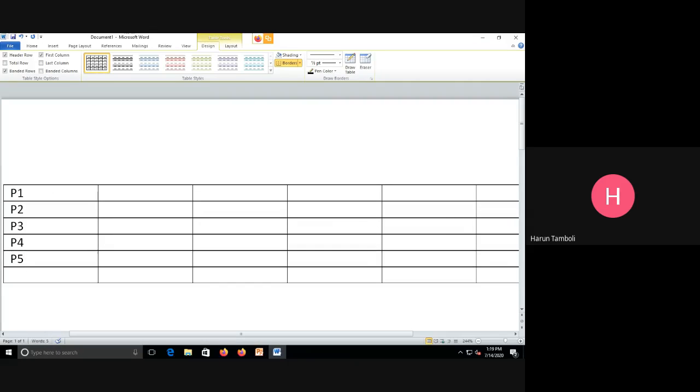Is the screen visible? Any problem with the screen? Okay, I think arrival time I have given 0, 2, 4, 6 and 7 and burst time 7, 5, 2, 1, 7. Is it correct? Yes, sir. Okay, now try to draw the first Gantt chart.